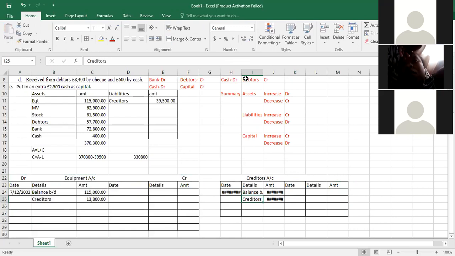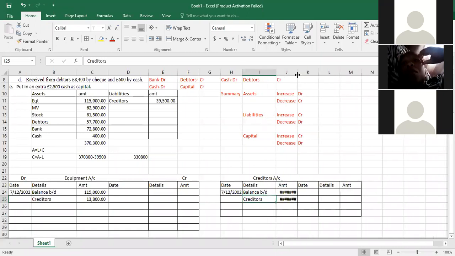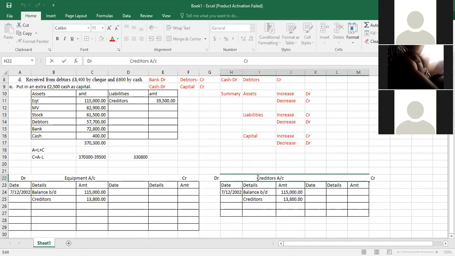And you realize the creditors that I'm talking about here are equipment creditors. So equipment creditors being fixed assets, I don't want to mix them with the regular creditors because assets are bought for purposes of generating revenue. So allow me to put in bracket here, equipment.